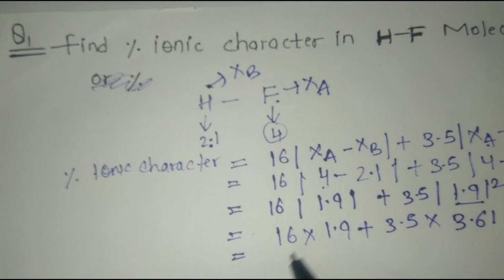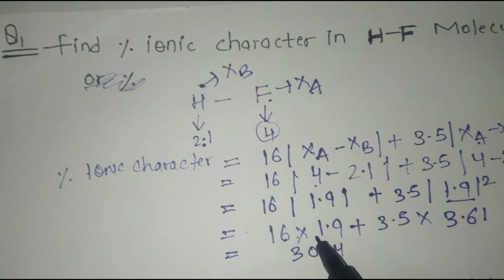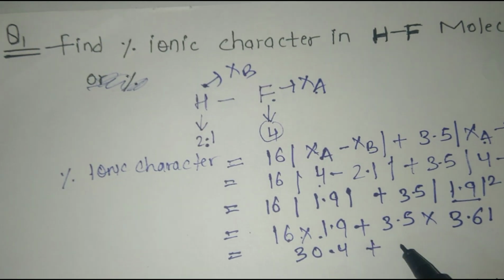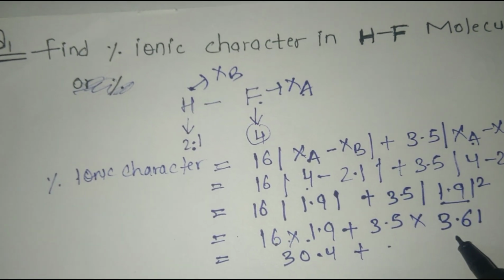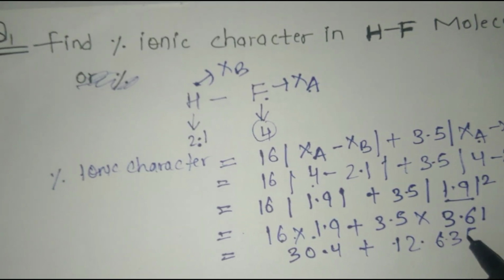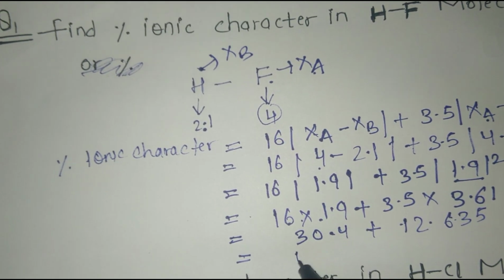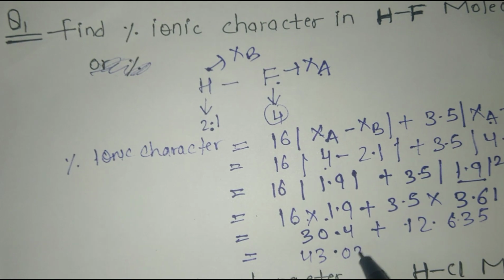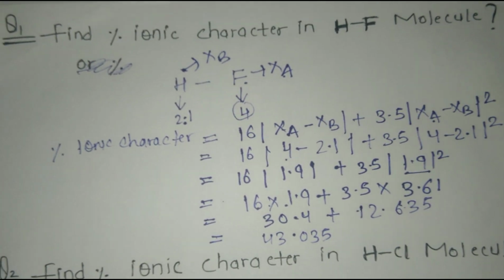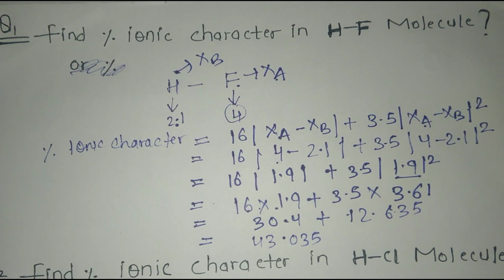Now multiply first: 16 multiplied by 1.9 comes out to 30.4, plus 3.5 multiplied by 3.61 comes out to 12.635. If you add these values, the percent ionic character comes out to 43.035. Got it? So this is the percent ionic character of the HF molecule.